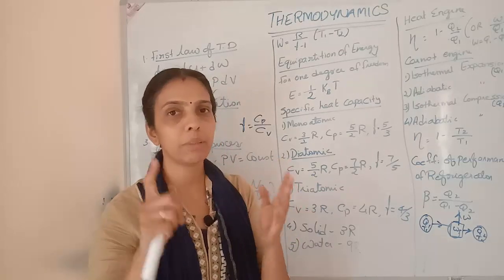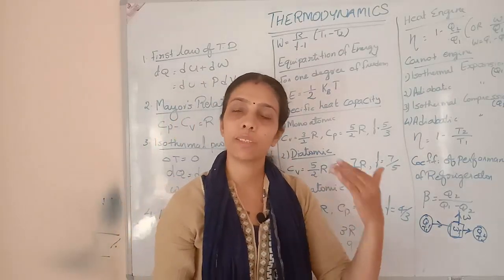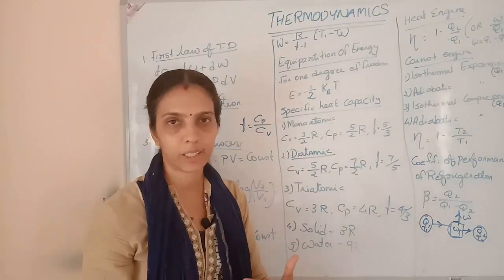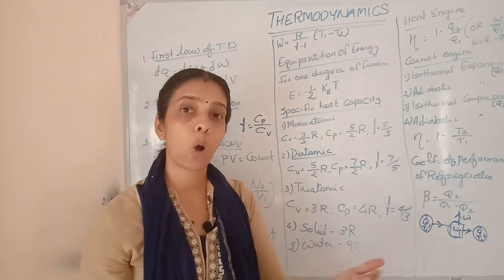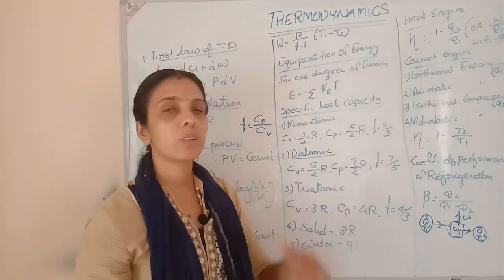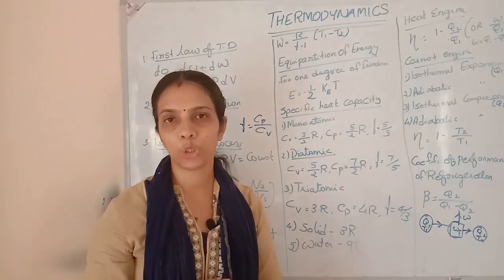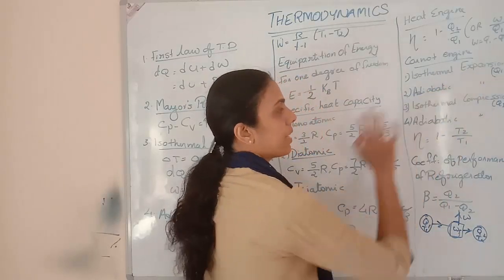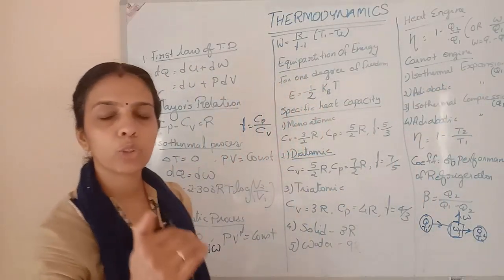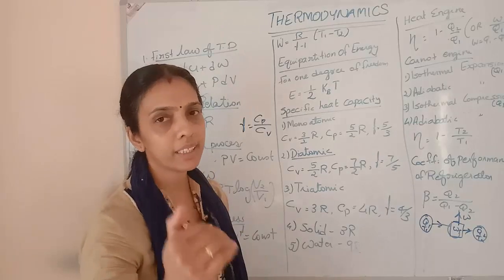In the last video, during revision, I explained what a PV diagram is. For Carnot's engine you should draw the PV diagram with isotherms: isothermal expansion and adiabatic expansion, next isothermal compression and adiabatic compression.